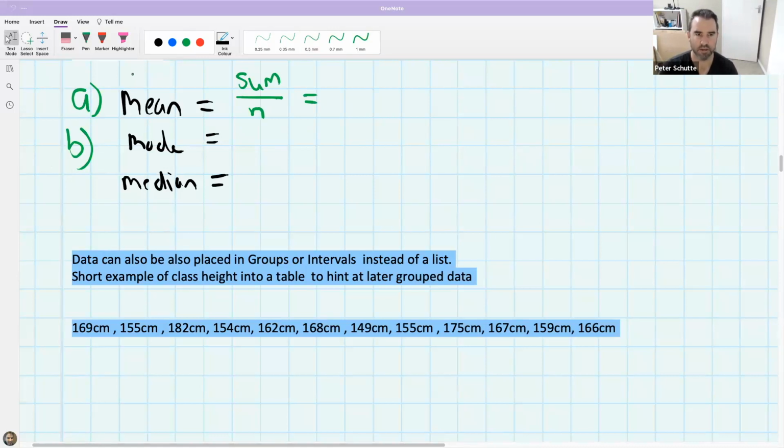So for the mean, I need to know what n is, and n is the number of items. So I get 12 items in my data set, but that's not going to be the mean. It just helps me.